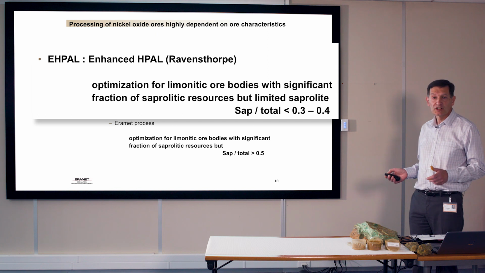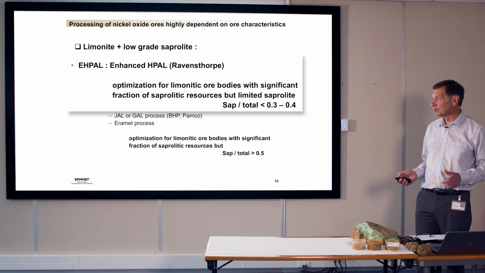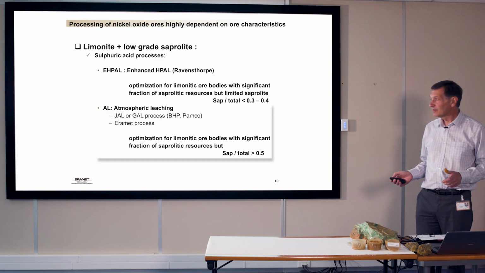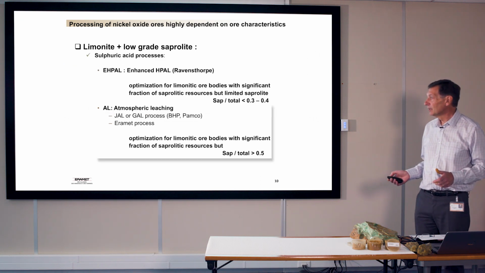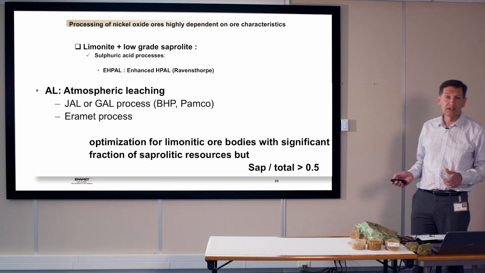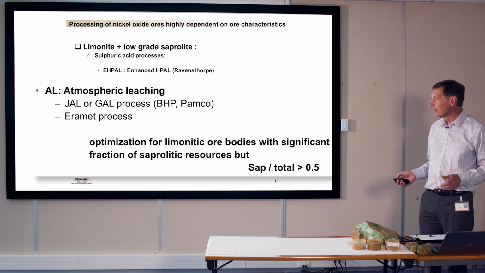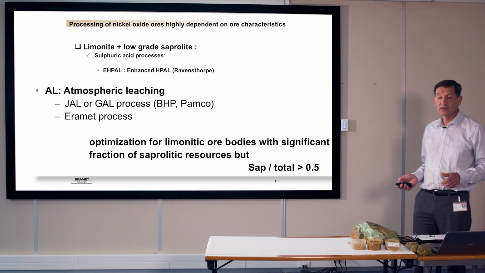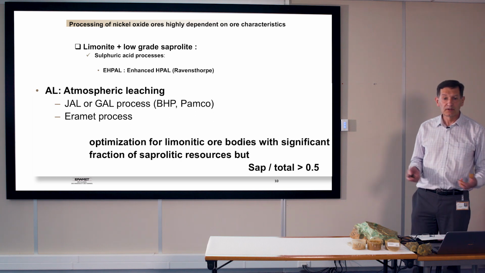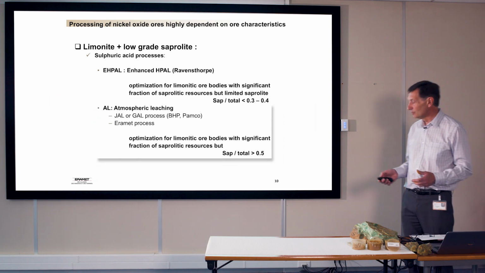The name of such processes is EHPAL, enhanced high pressure acid leaching. The last processes are atmospheric leaching processes. We call that JAL, jarosite acid leaching, or goethite acid leaching, depending on the way you will precipitate the iron. And the last process is the ERAMET process, and the third part of the presentation will be dedicated to these processes.